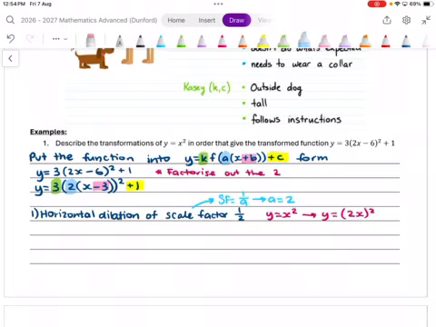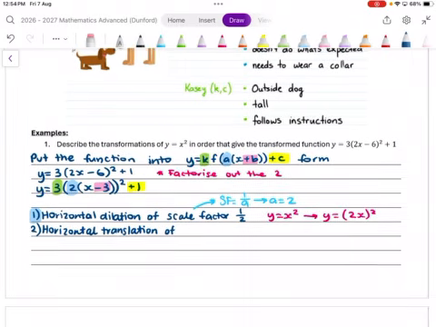We've done step 1. Step 2. So once we do horizontal, we do the other horizontal. So we are now going to do horizontal translation. Translation of 3 units because we have that b is minus 3.